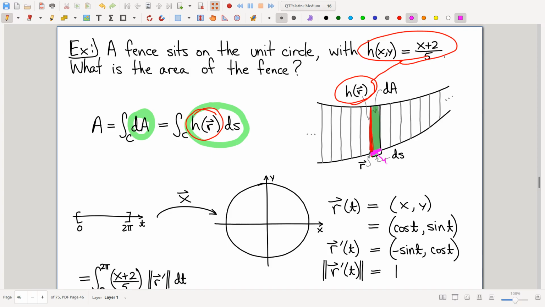And if you think about it, that width is a little piece of the curve that my fence is sitting on. This is ds. When I take my curve and chop it up into little pieces, this width is one of those little pieces. And so that width is ds. What do you think? Height times width gives me area? Yeah?